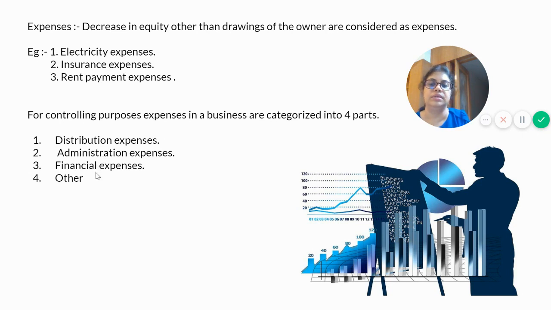As I told you earlier, there can be some financial assistance we have to take from financial institutions like commercial banks and other financial institutions. At that time, you have to bear some expenses, so they will be known as financial expenses, like interest on bank loans, interest on overdraft facilities.